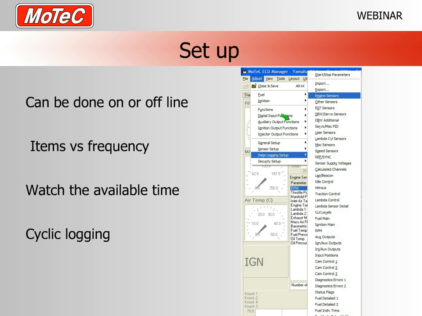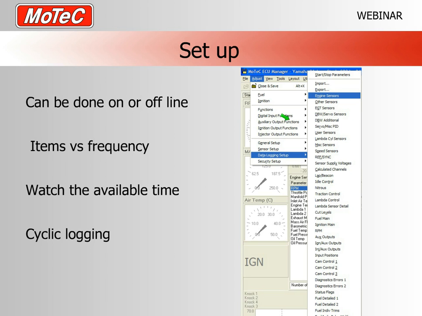So depending on the actual amount of logging that's currently enabled in your ECU, this will determine how much physical logging time you will have, which is affected by the number of items that you choose to log and the frequency, the number of times a second to log them. So this will become a little bit more evident as we go on.